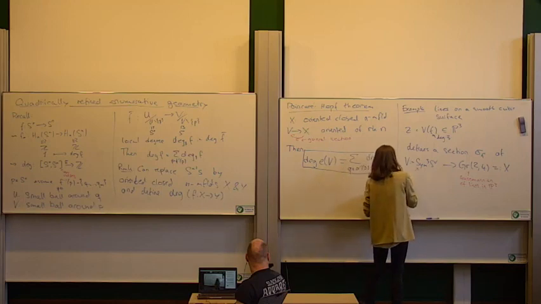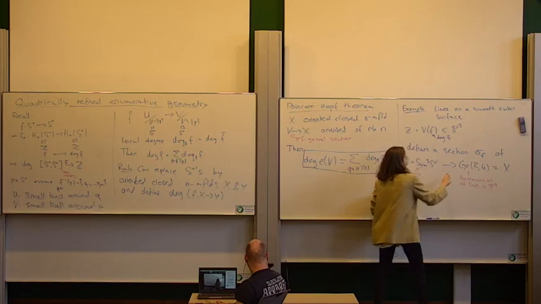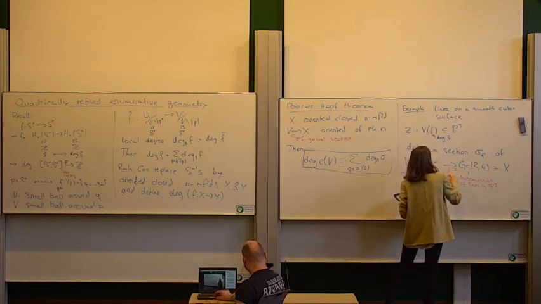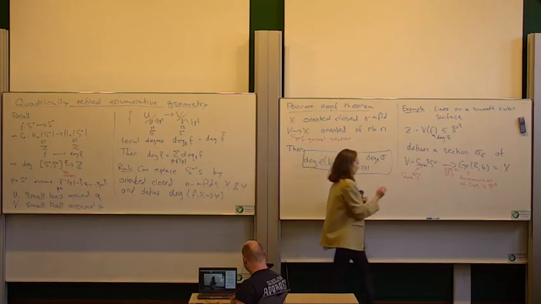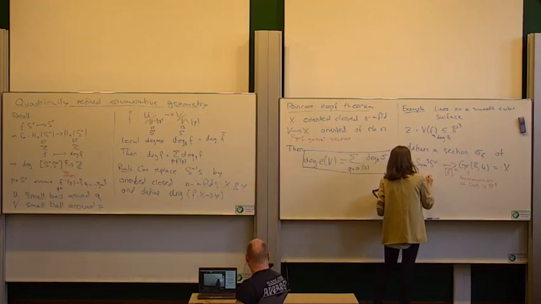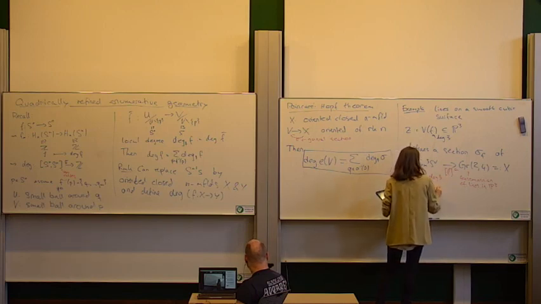In other words, let me just tell you what the fiber is. So if I take a point in here, so this is a line, let me put brackets around this to say that I take the class of a line. Then the fiber here consists of all degree 3 polynomials on the line.